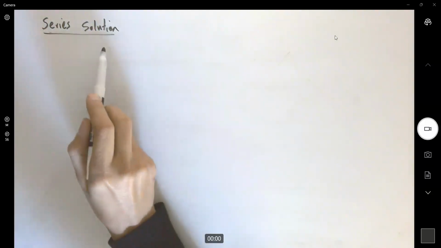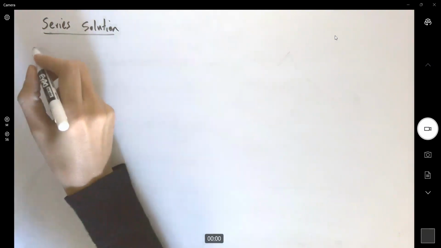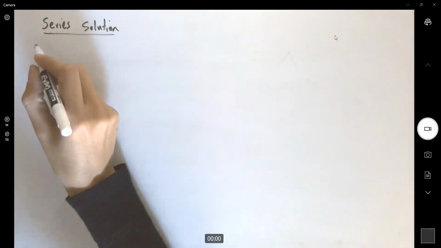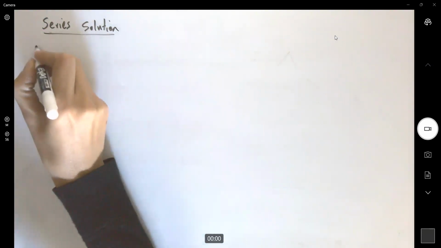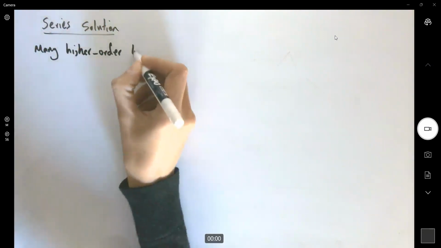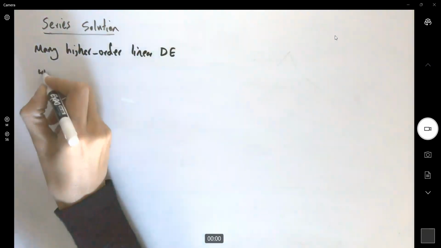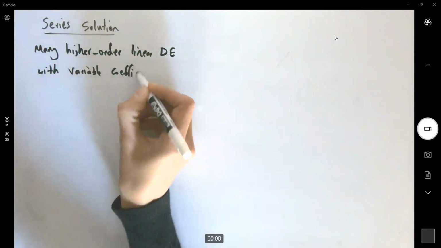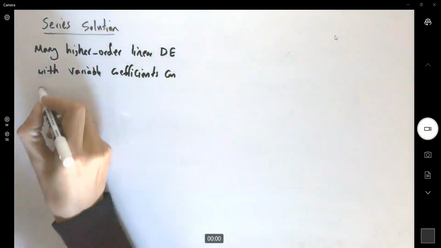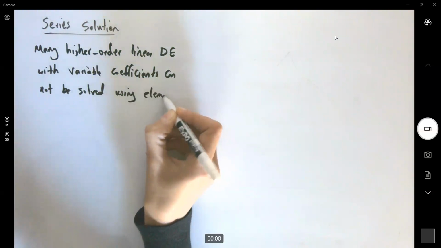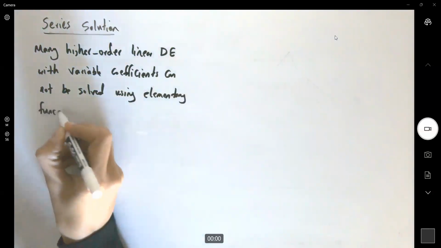Today we're going to talk about series solution for differential equations. Most higher order linear differential equations with variable coefficients cannot be solved just using elementary functions.